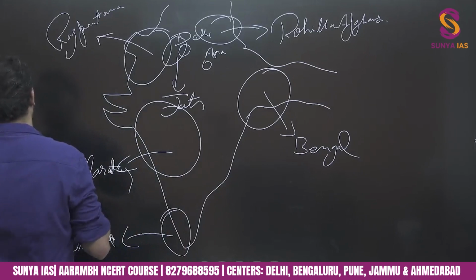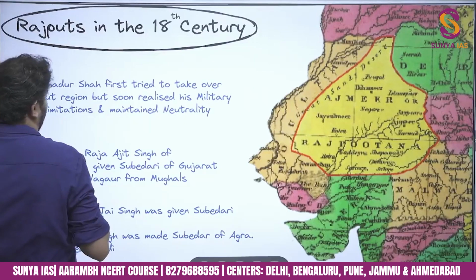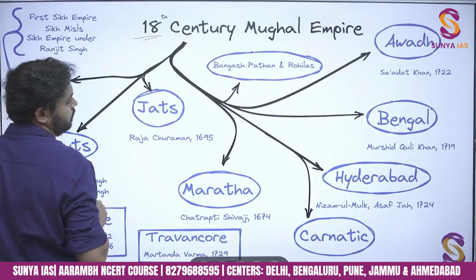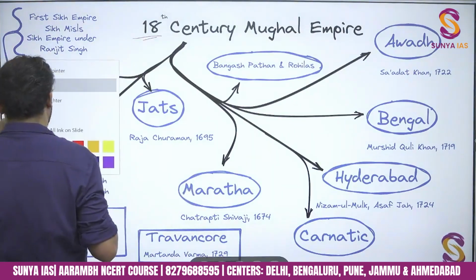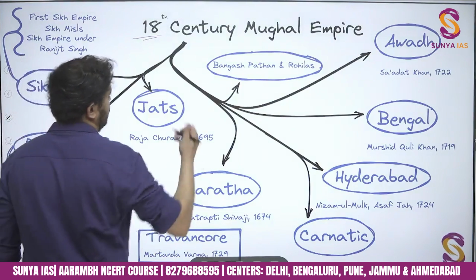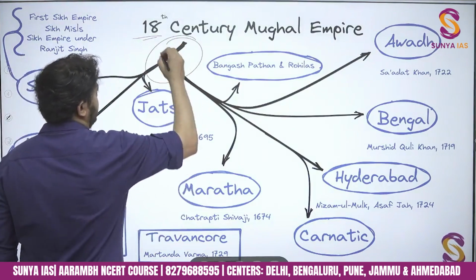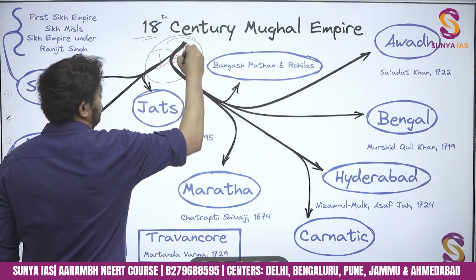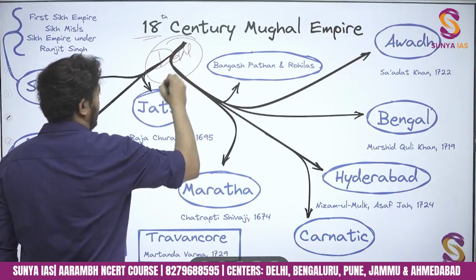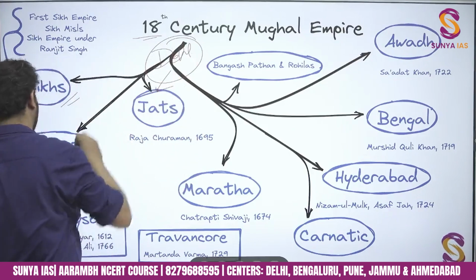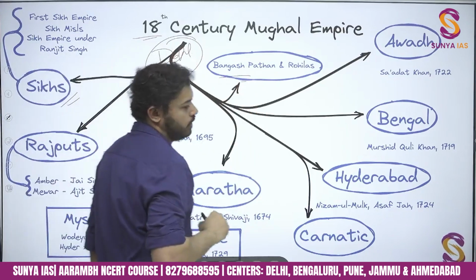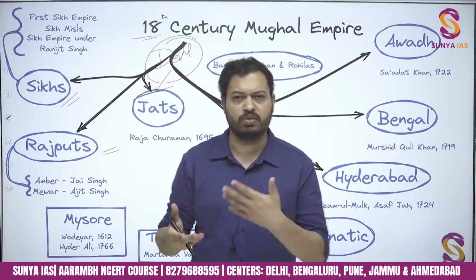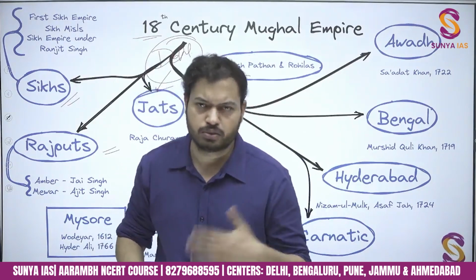Now, just superimpose this idea on this map. So now you have, suppose this is your Delhi. Okay, so you have Jats, you have Sikhs, you have Rajputs, you have Pathans, and Bangash Pathan was just one of the characters among the Rohilla Afghans.